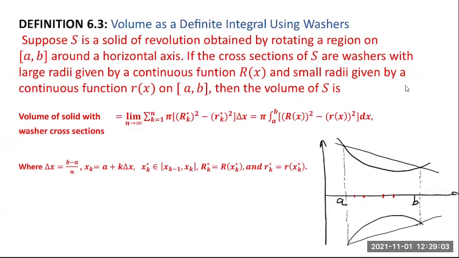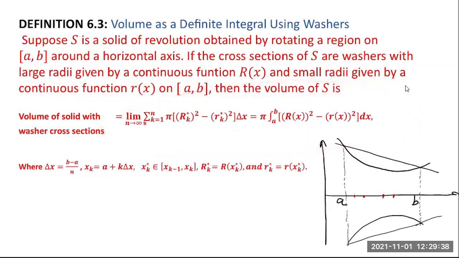We define the washer method in definition 6.3, volume as a definite integral using washers. Let's see what that means. Suppose S is a solid of revolution obtained by rotating a region on the interval a comma b around the horizontal axis. If the cross sections of S are washers with larger radii given by a continuous function uppercase R and smaller radii given by a continuous function lowercase r on a comma b, then the volume of S is given by this formula.